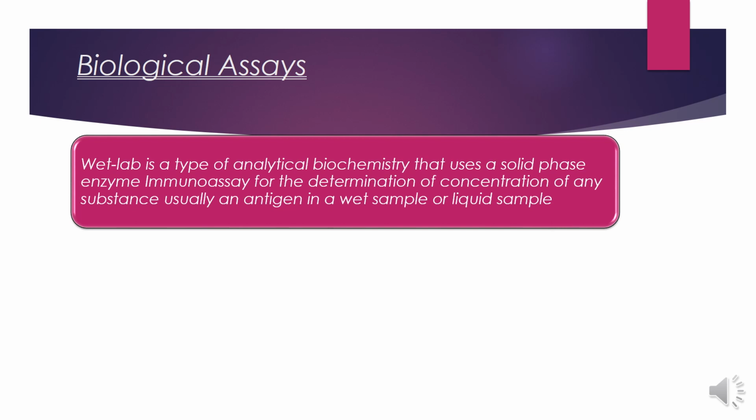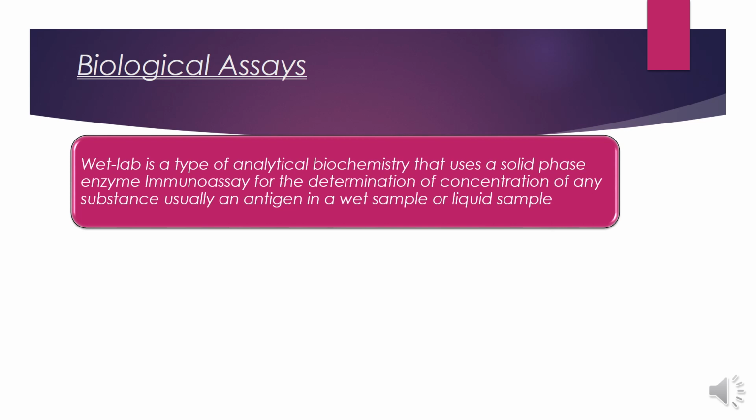So usually the sample is available in liquid form and is used in this type of immunoassay. Basically enzyme based assays are there, so we can say the antigen antibody reaction type material is going to determine the concentration of any substance.